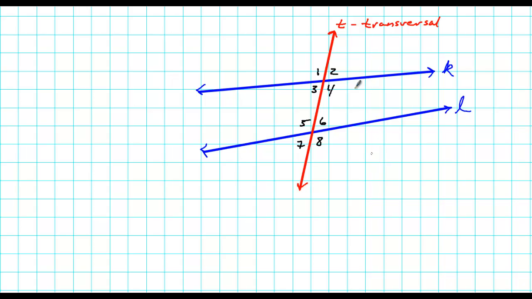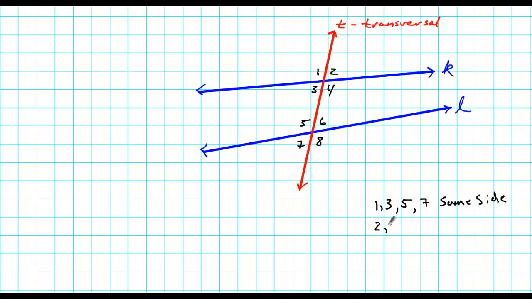So when you look at the transversal, you should see that angle 1, 3, 5, and 7 are all on the same side of the transversal, aren't they? So I'm going to say that 1, 3, 5, and 7 are on the same side.